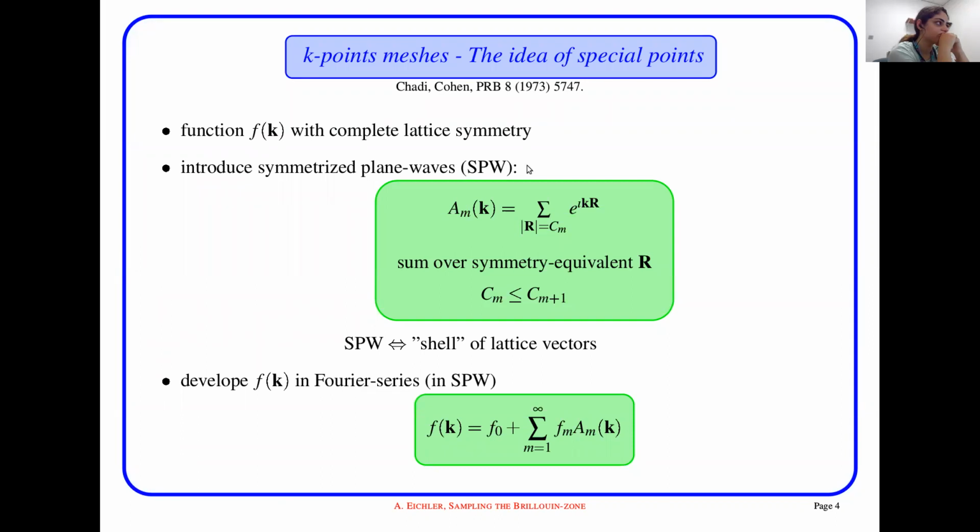Okay. So yeah, the idea of special points, and here we go back to what we said yesterday. This is Bloch's theorem, which is what I introduced last time. As I said, when you have a metal or a periodic system, you can try to split from the wave function a component that is periodic, okay?